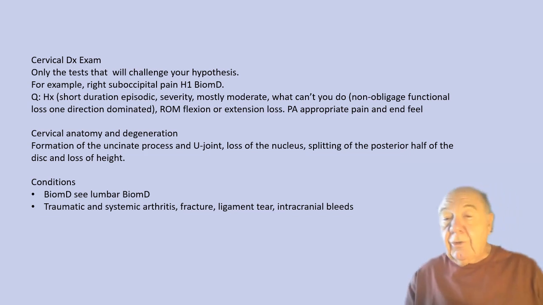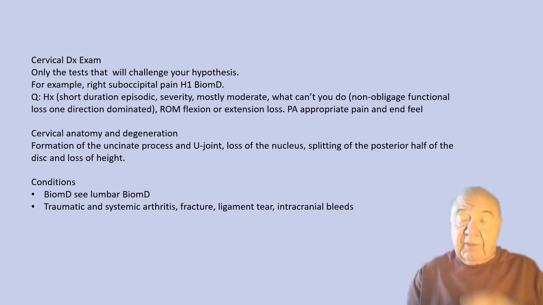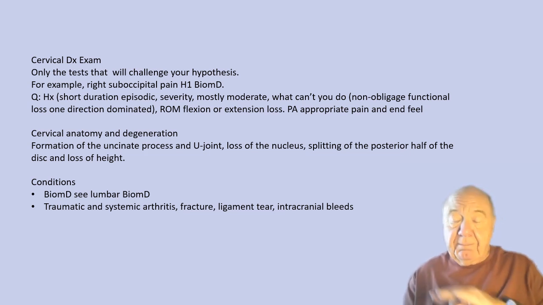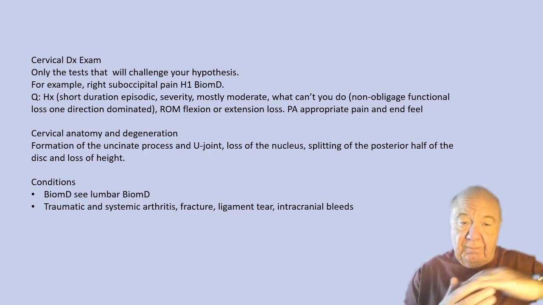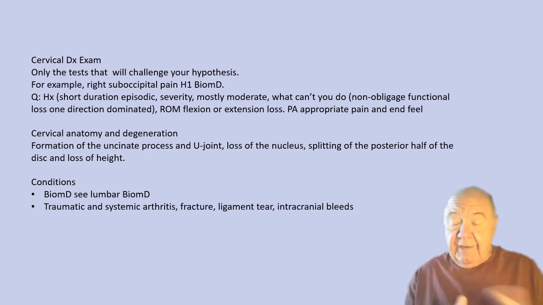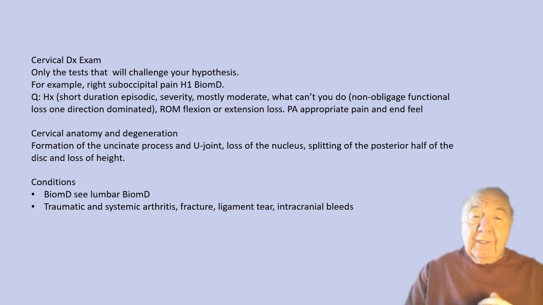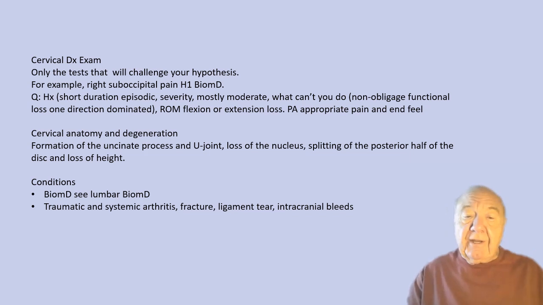The disc loses its nucleus. By the time you're 30, it's pretty much gone at every level except the lowest. And then you get splitting across the disc in the back half of it from side to side, and it moves back through the disc. And again, this is completed by about 30 years of age. Degeneration and degradation result in disc height loss. Conditions: biomechanical dysfunction, pretty much the same as lumbar dysfunction.